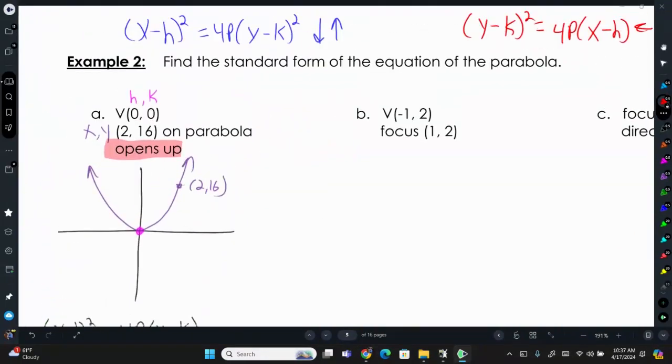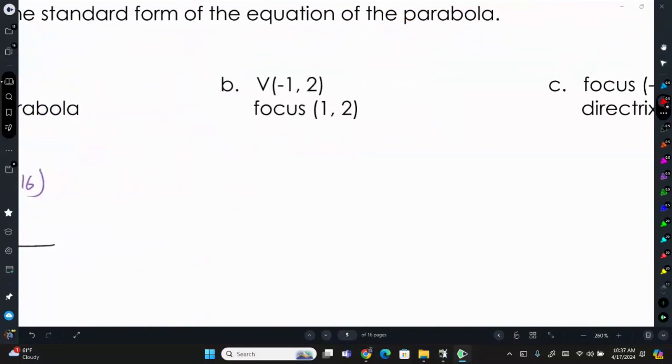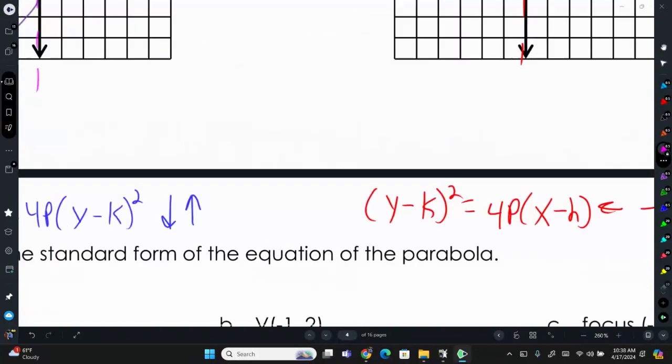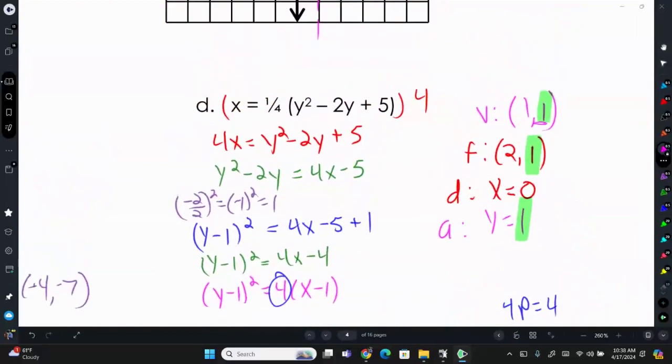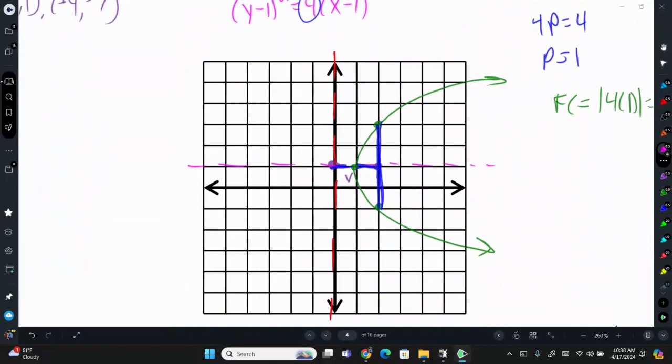Now, letter B says the vertex is -1, 2, and the focus is 1, 2. Because the y coordinates are the same, that means it is going to open left or right. Because if we look up here, the focus and the vertex have the same y coordinate, and this opened to the right.